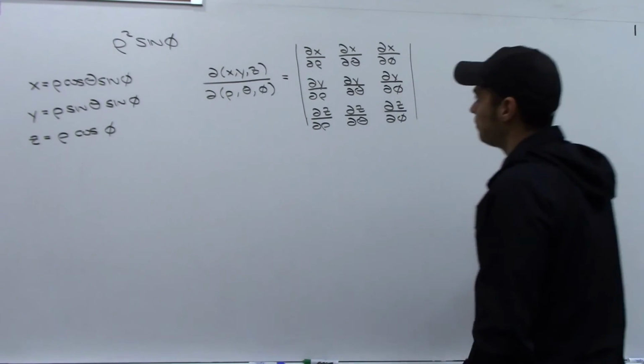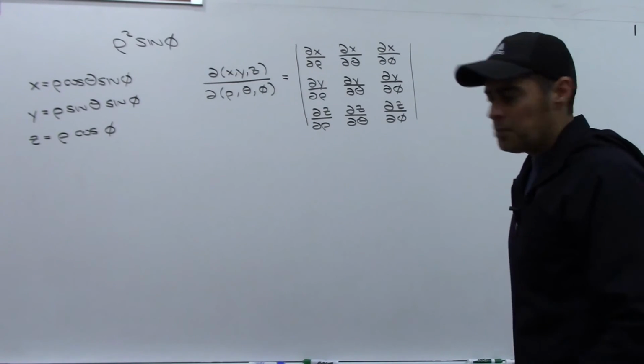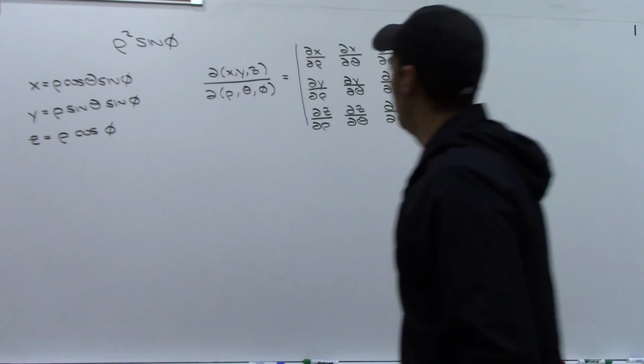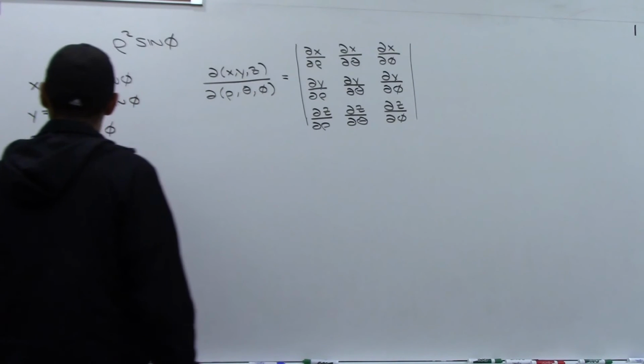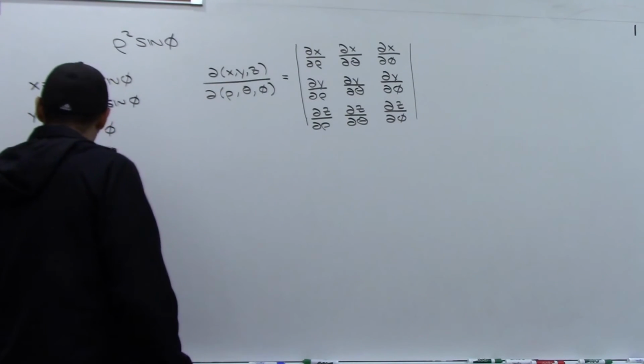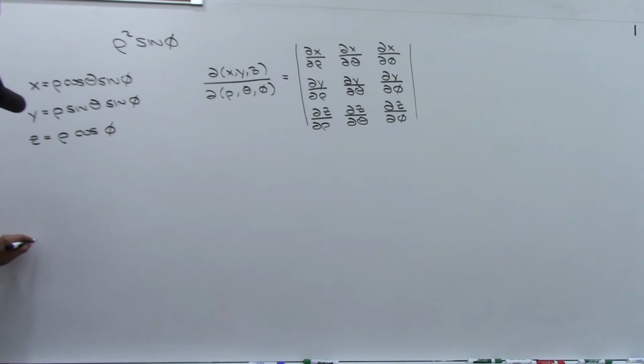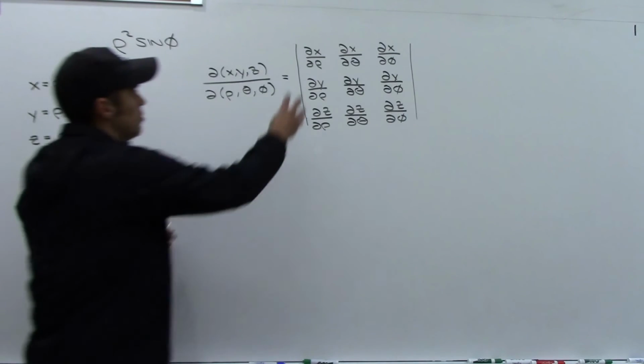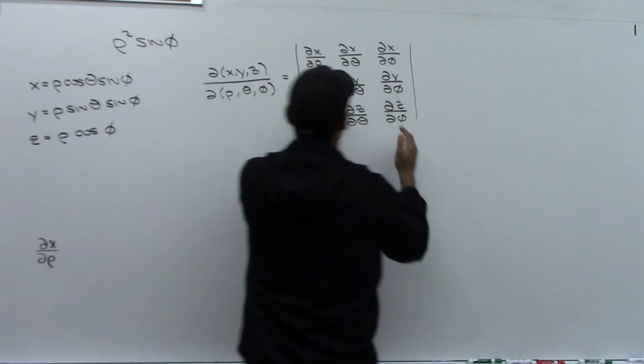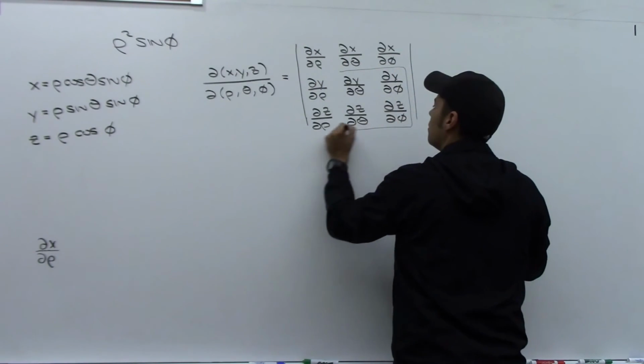Nasty. This will be equal to, okay, see if you can follow me on this. I'm going to write it down here low. Partial x with respect to rho, which is this one, times the determinant of this.